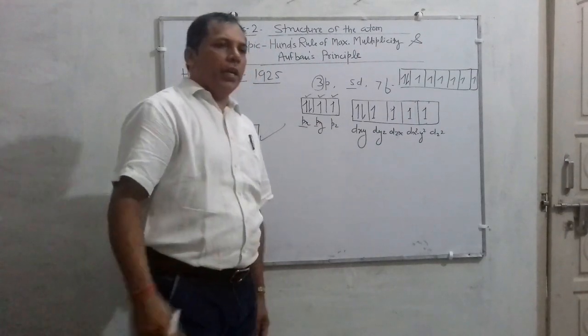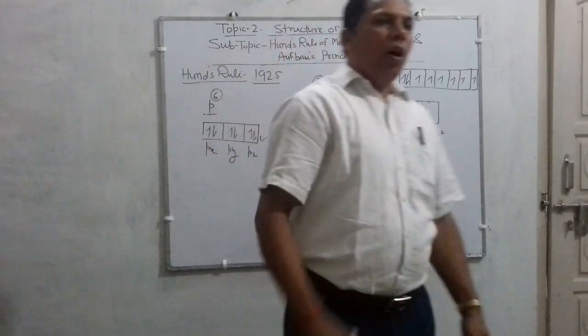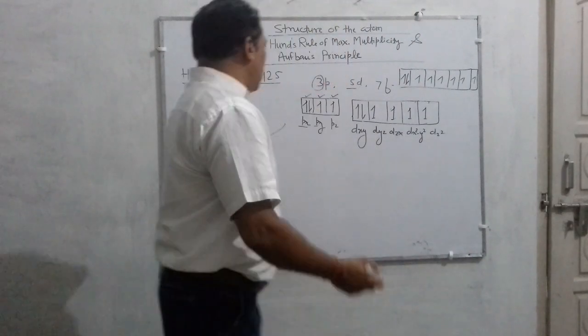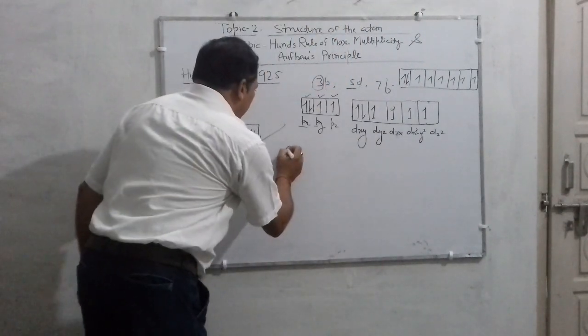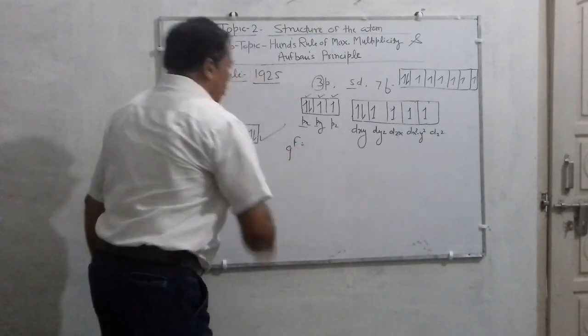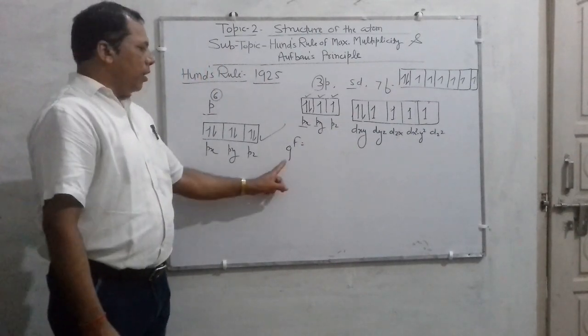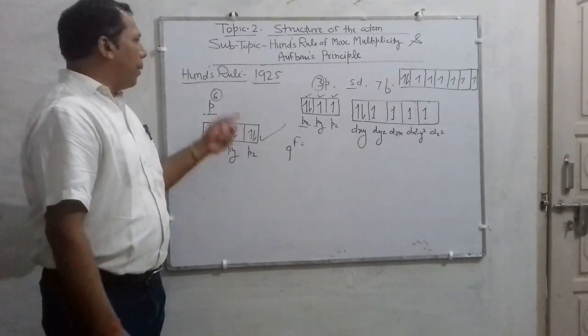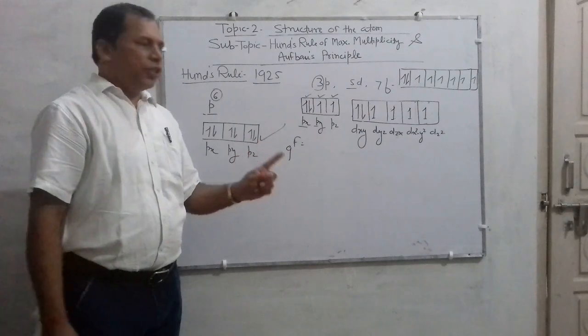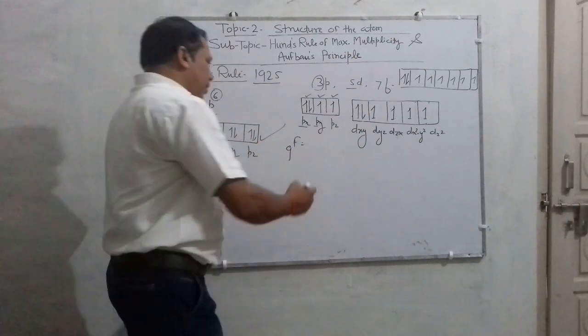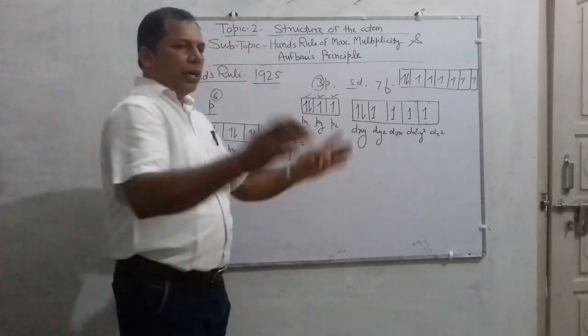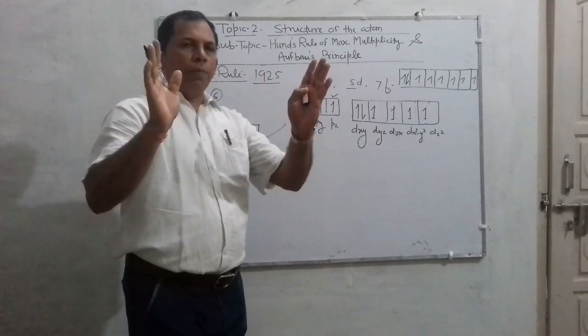Suppose the question comes: write the orbital electronic configuration of the element fluorine. So as you know, fluorine is 9F, and we have to write the orbital configuration according to this rule. So first, go simply, children. Don't take any tension.